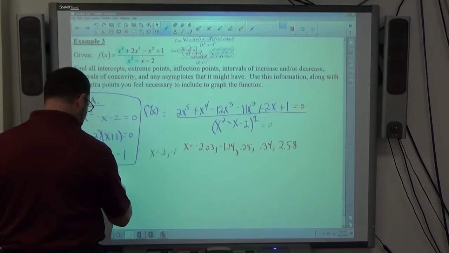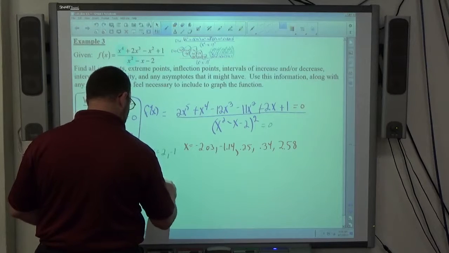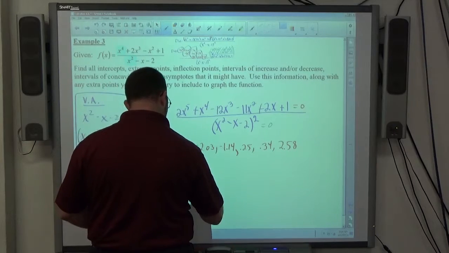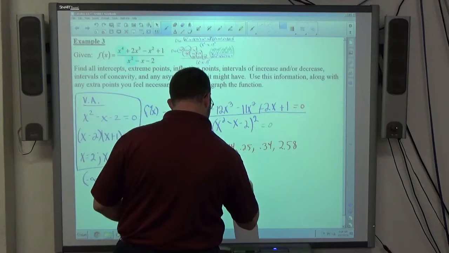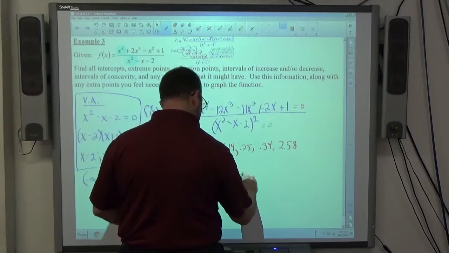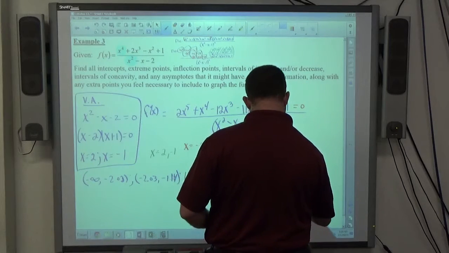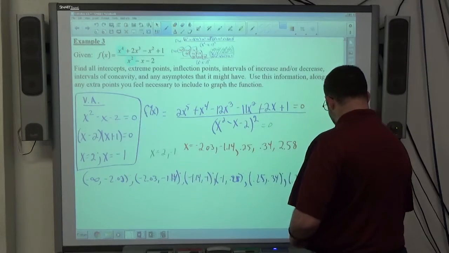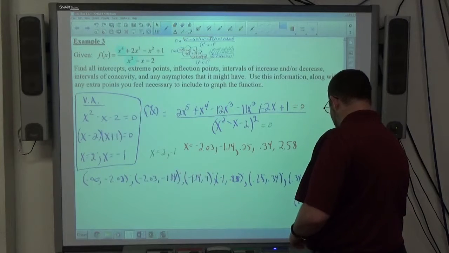Negative infinity to negative 2.03, negative 2.03 to negative 1.14, negative 1.14 to negative 1, negative 1 to 0.25, 0.25 to 0.34, 0.34 to 2, 2 to 2.58, and then 2.58 to infinity.